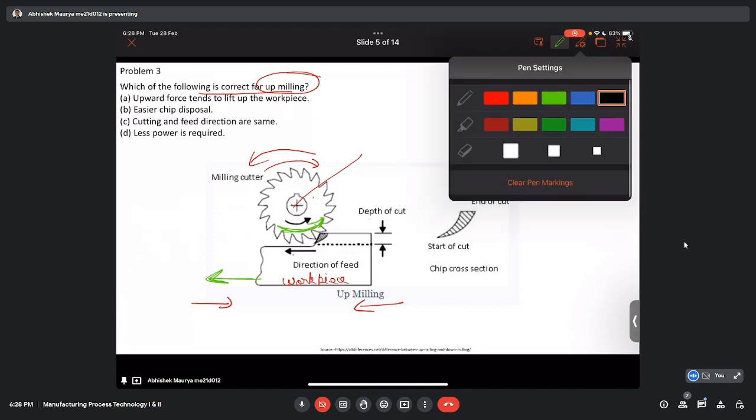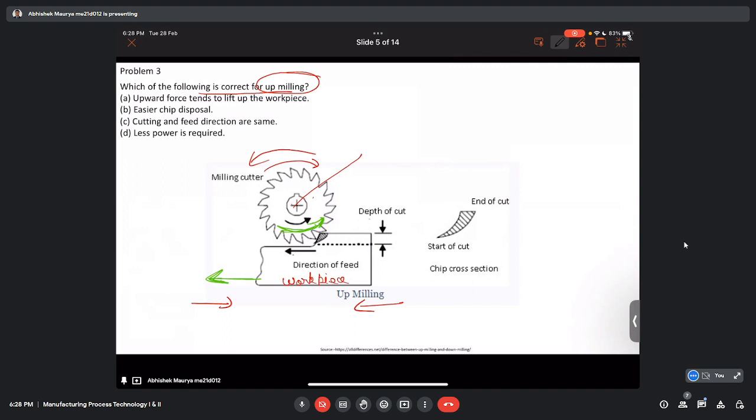If we have this kind of configuration, then it is called up milling. I will also explain why it is called up milling.